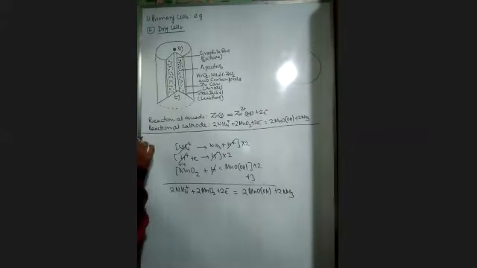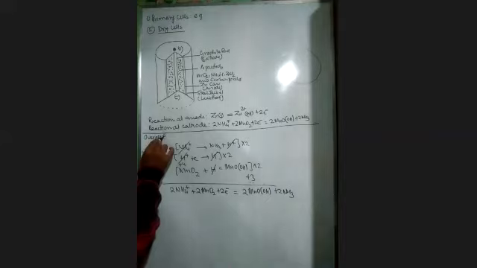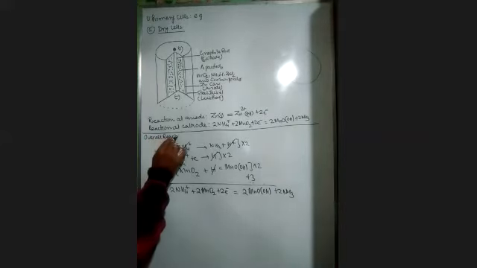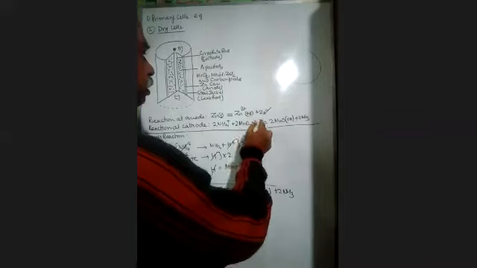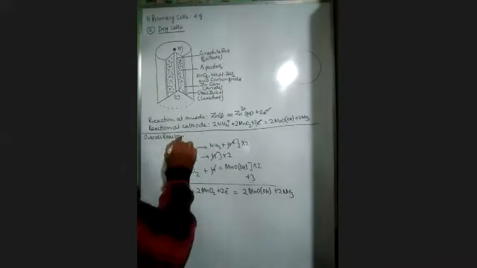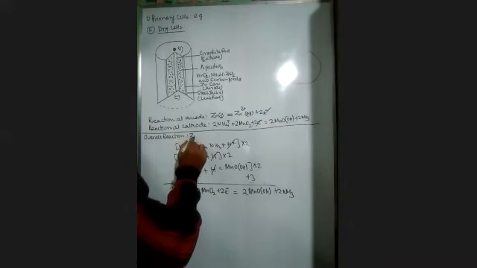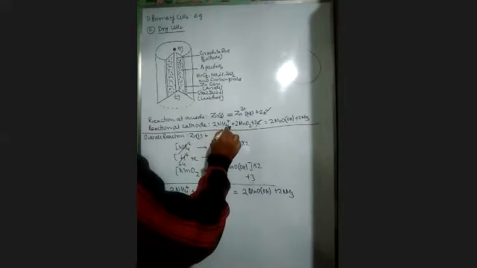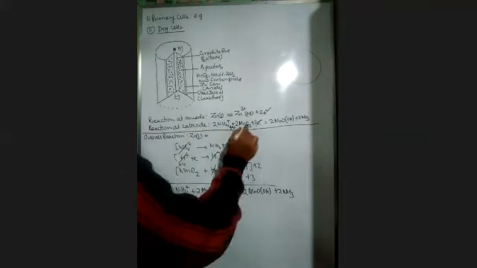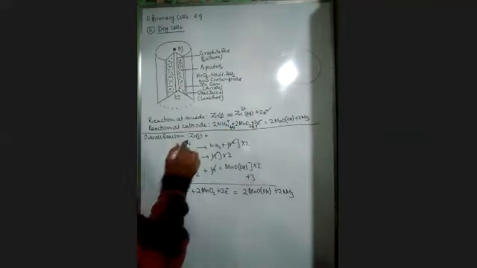In a cell you always have to write overall reaction. Overall reaction, what will happen? This and this will cancel. So I'll write now here zinc solid, and the electrolyte aqueous. This one I'll write solid.